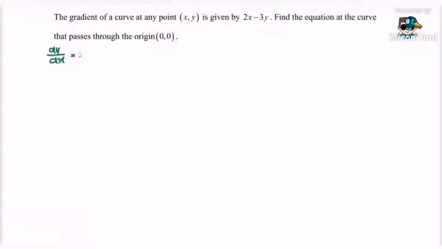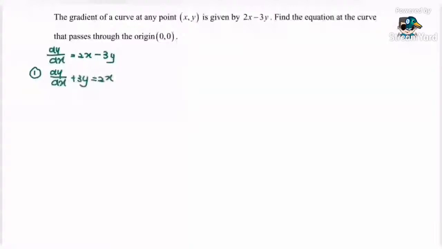Find the equation of the curve that passed through the origin 0, 0, where x equals to 0 and y also equals to 0. Step number 1, compare with the standard form where we have dy dx plus 3y is equals to 2x. So in here, the px is equals to 3 and qx is equals to 2x.